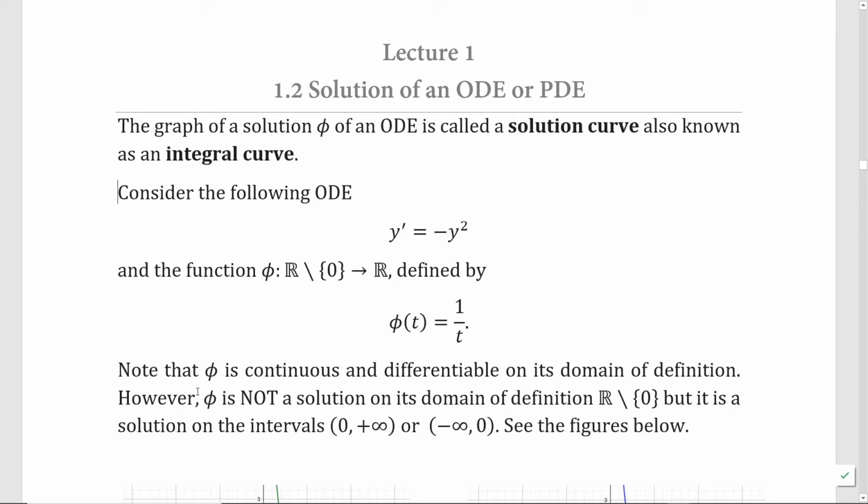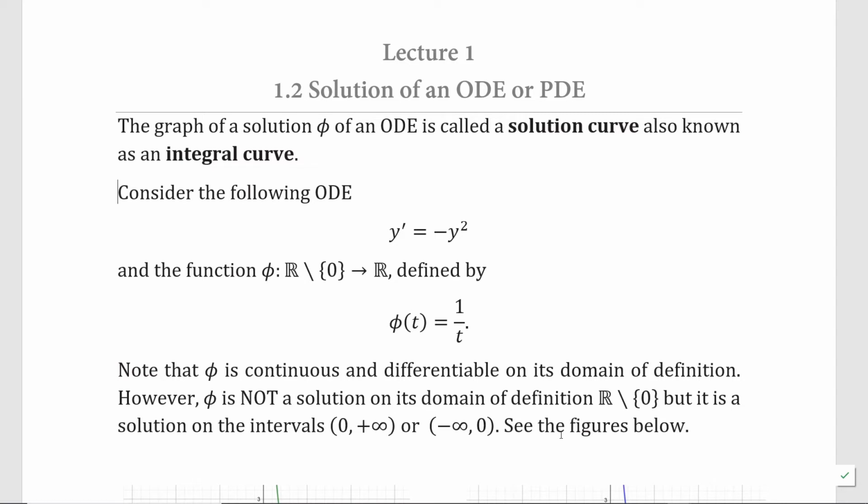We note that phi is continuous and differentiable on its domain of definition. However, phi is not a solution on its domain of definition, but it is a solution on the intervals from 0 to plus infinity or negative infinity to 0. This is the difference between a function and a solution of an ODE.